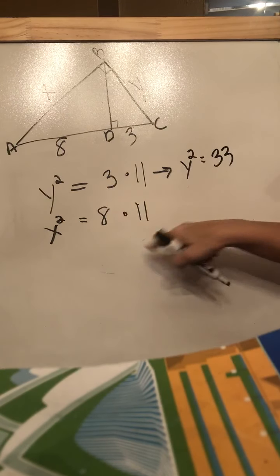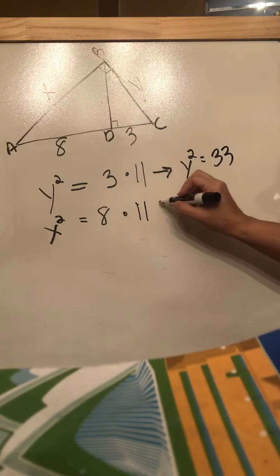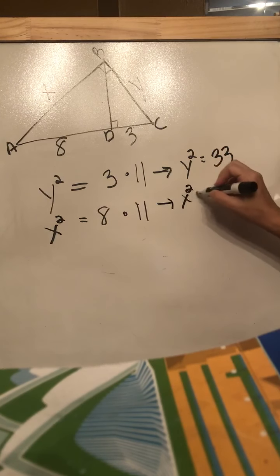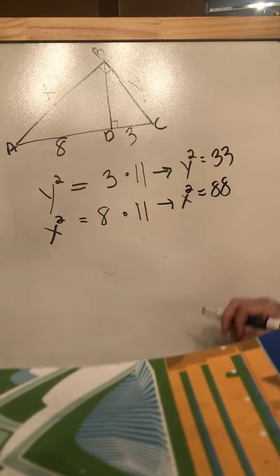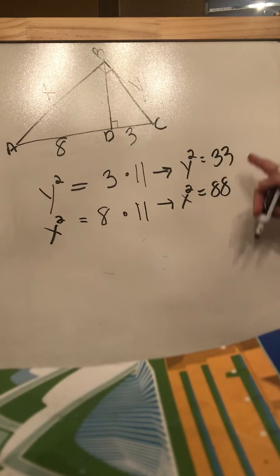Okay, and how about this one? X squared is going to equal 88. So now you're going to take the square root of these, and then you will have your answer. So here, y just equals the square root of 33, and this one you can simplify on down.